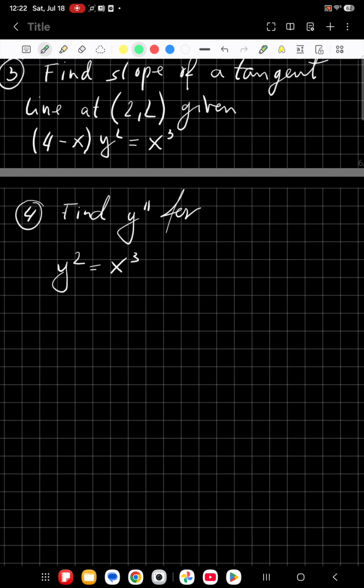Let's start with number 4. The answer for y double prime is 6x times 2y minus 9x to the 4th, and the bottom is 4y to the 3rd.